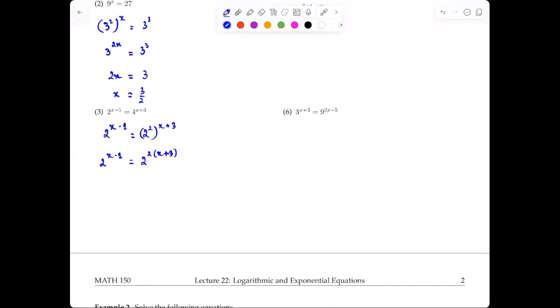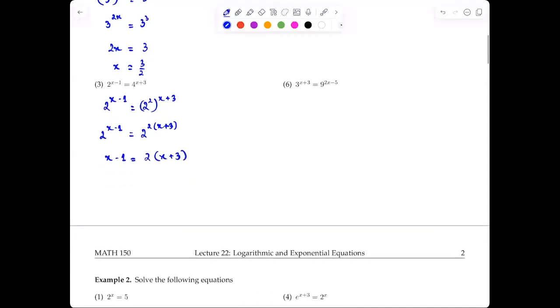So the base is the same now. Just match the exponents together. You have x minus 1 equal to 2 times x plus 3. And then you solve for x from here. So this is a quick, easy solve. So you have x minus 1 equal to 2x plus 6. Now combine everything related to x together.